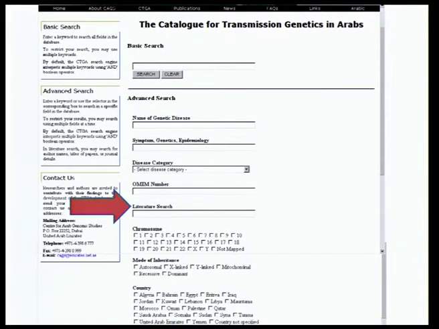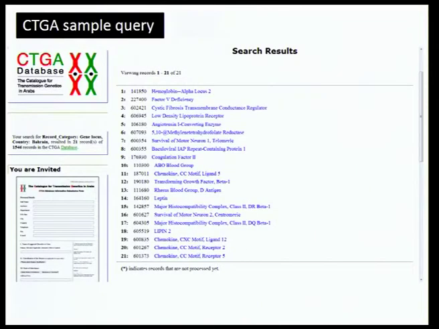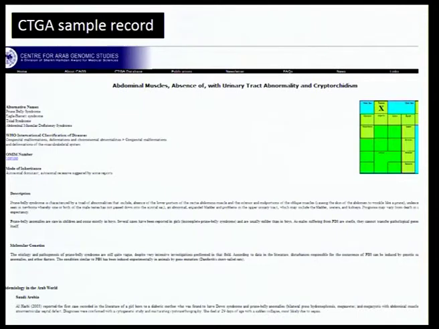After the query, we go onto a list like this, which states the name of the disease or the gene as well as the OMIM number. And then going on with the query, we get a record like this.